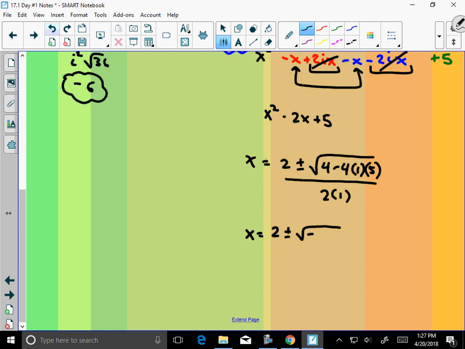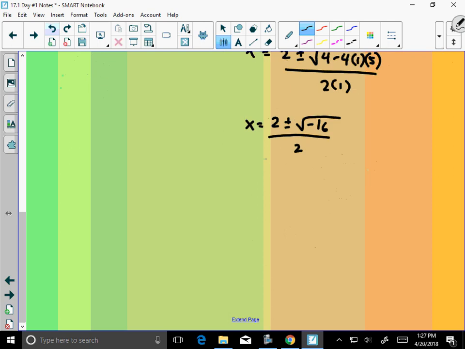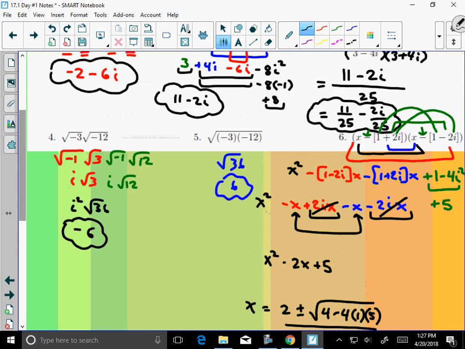Negative 16, all over 2. Keep going. x equals 2 over 2 plus or minus, how about 4i over 2? With me? What is 2 over 2? 1 plus or minus 2i. Where do you see a 1 plus or minus 2i? 1 plus 2i, 1 minus 2i. Those are your two zeros.